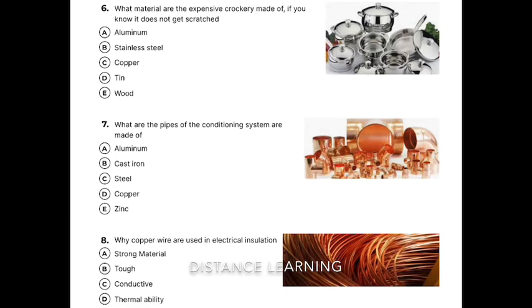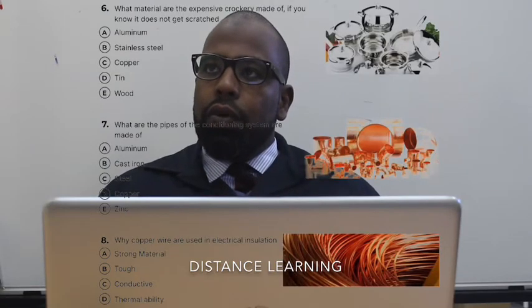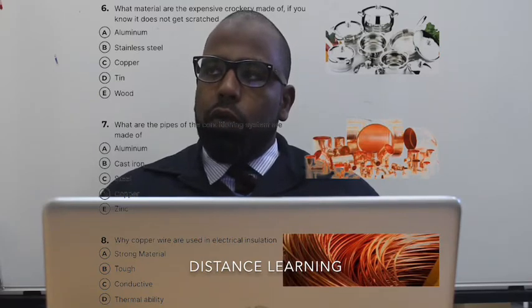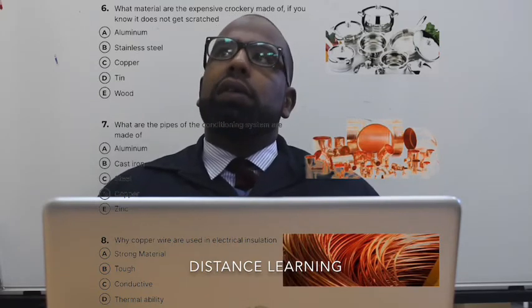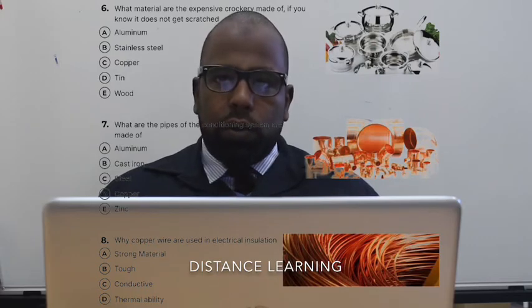Then question number 8, why is copper used in electrical insulation? Copper is one of the materials which falls very high in the galvanic series, which has the ability to conduct electricity and heat in a good condition. So that's why copper is always a compatible material when it comes to electrical conductivity.